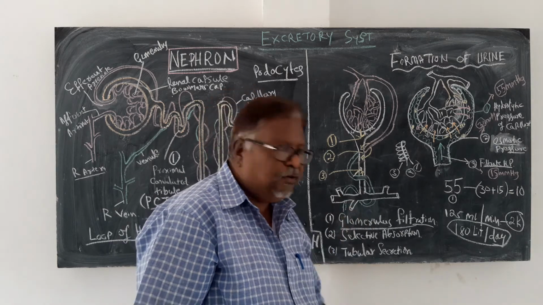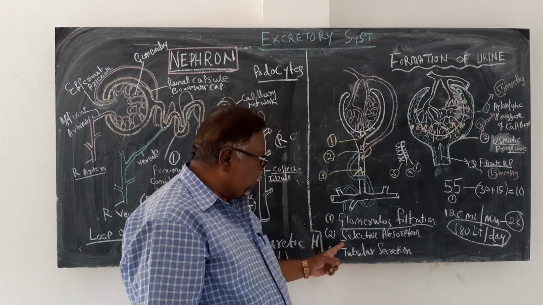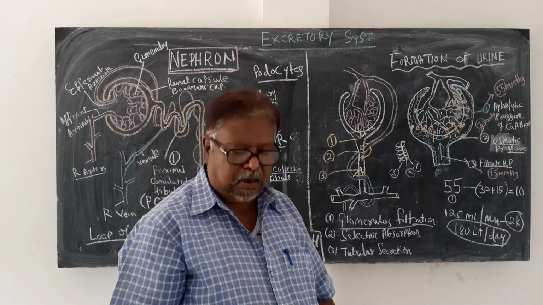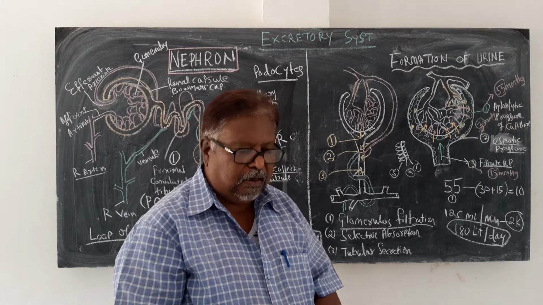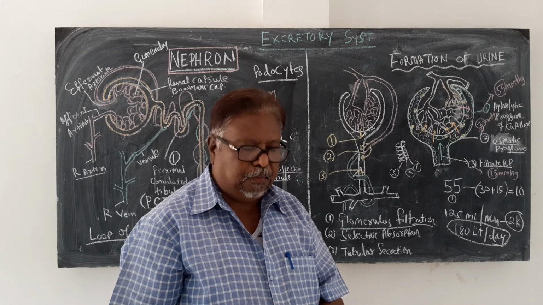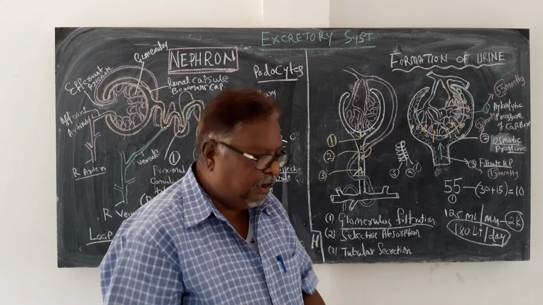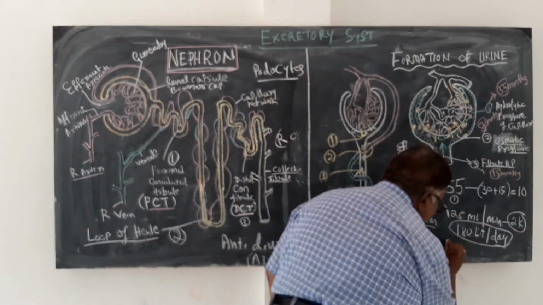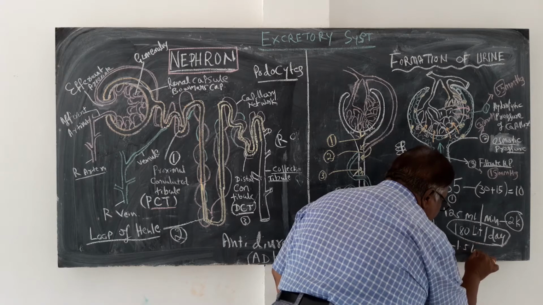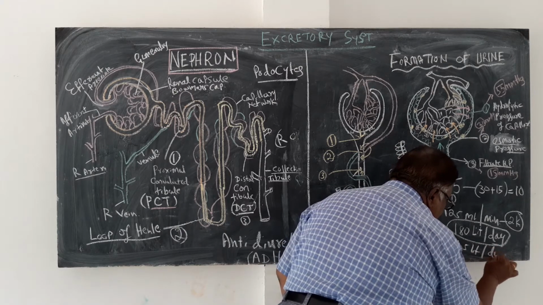It will be reduced by selective reabsorption and tubular secretion. So it is very important. The 180 liters is reabsorbed from the kidney tubules and reduced to 1 to 1.5 liters per day.